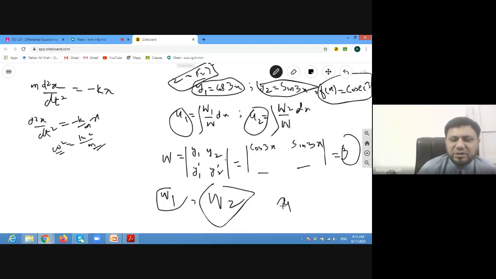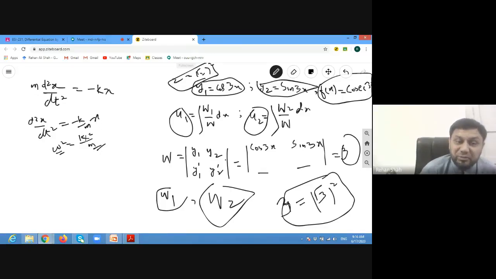Any number, suppose this is 3, if it is positive, you can write it as square root 3 into square, but the question is whether it is positive. So every number, if it is positive, you can write it as a square. So what is k? k is the elasticity, it must be positive. Maybe it is 0. In gases, there is no elasticity, because the internal forces tend to 0 in gases.